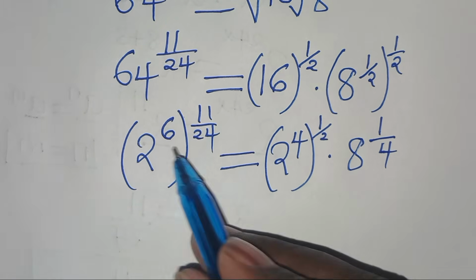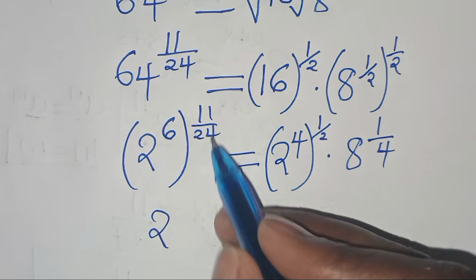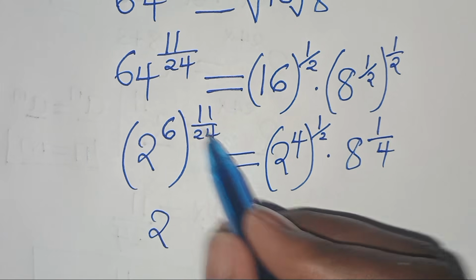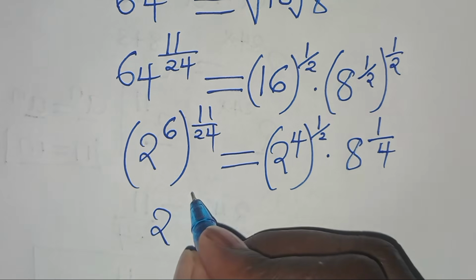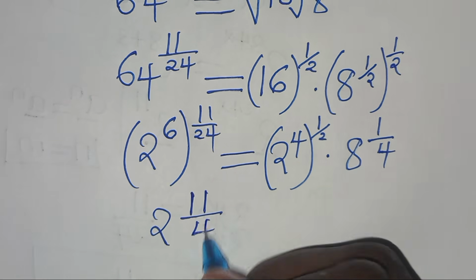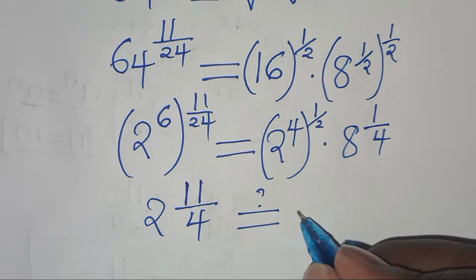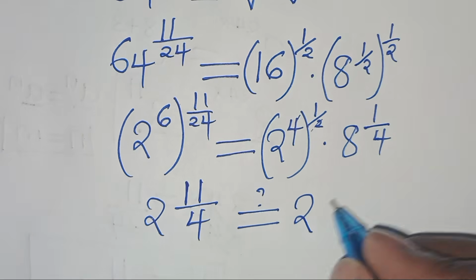Now, let's simplify here. This is 2 raised to the power of 6 times 11/24. So let's divide 24 by 6. So 24 divided by 6, this is 4. So we have here 11/4, and this should be equal to 2 to the power of 4 times a half. This is the same thing as 2.